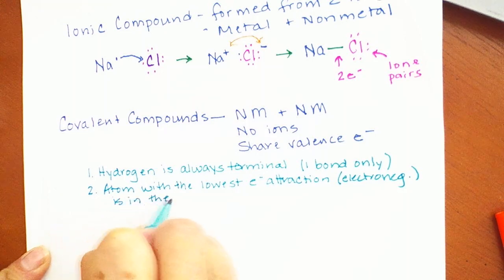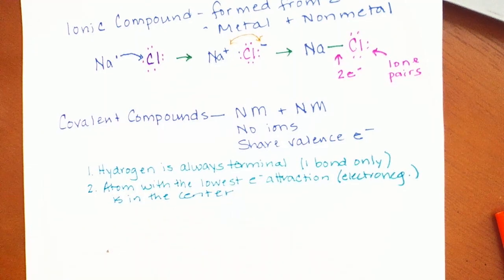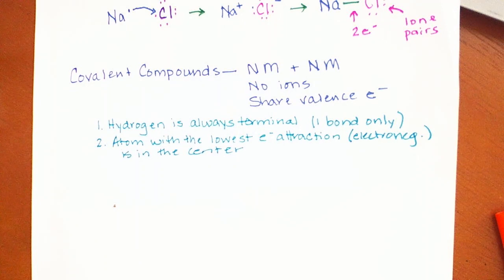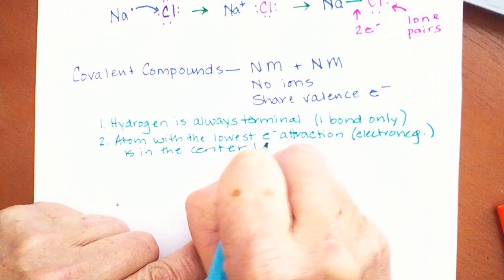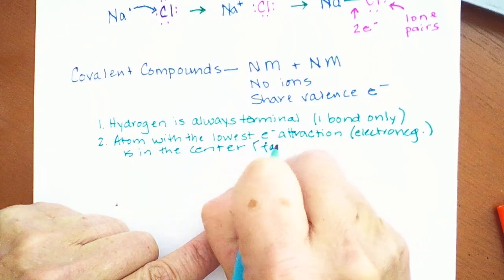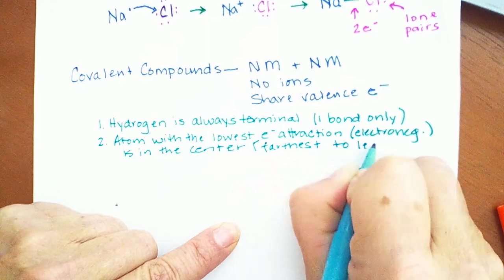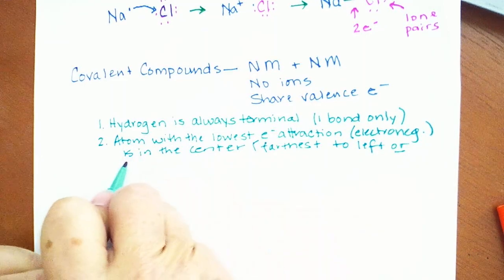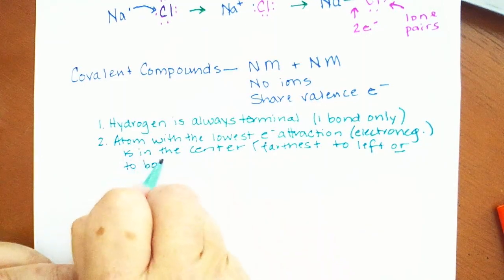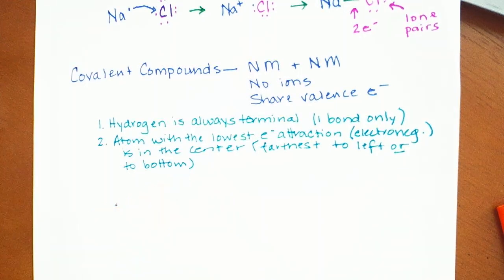The easiest way to think about that is it's going to be the one that's farthest to the left or to the bottom. But remember, it doesn't include hydrogen because hydrogen can't be in the center, right? Because it's always terminal.